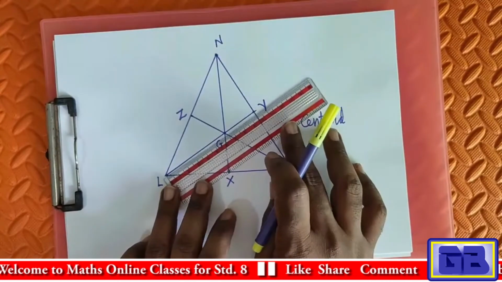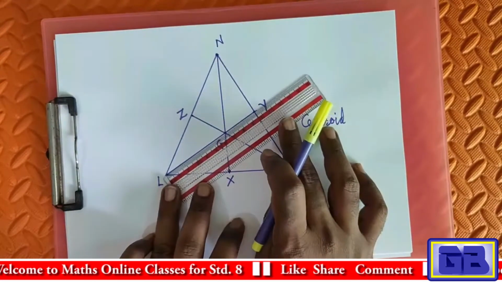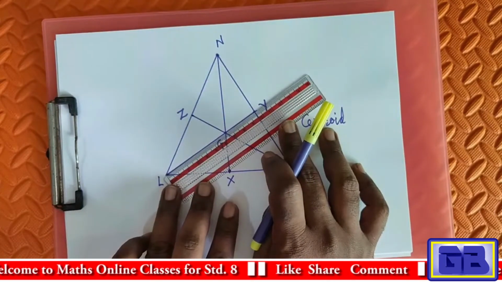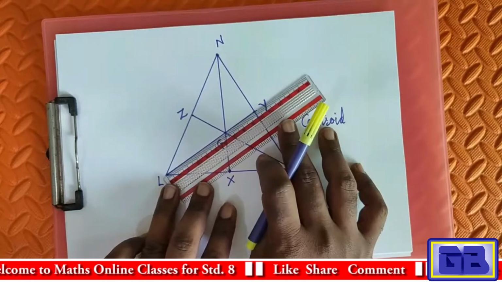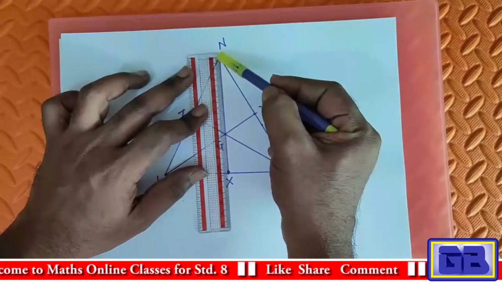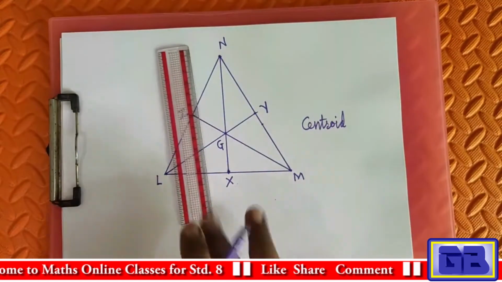And then lastly, you will keep the scale on this median LY and measure the segment. I will consider this NX total segment.